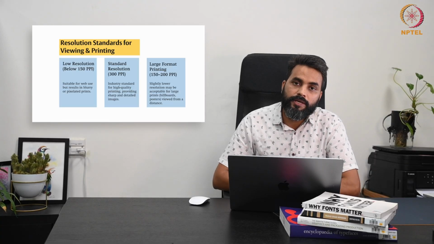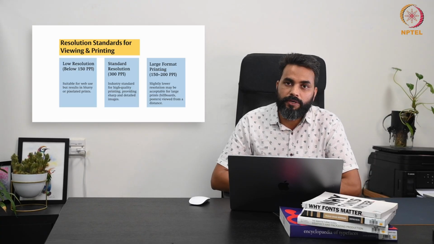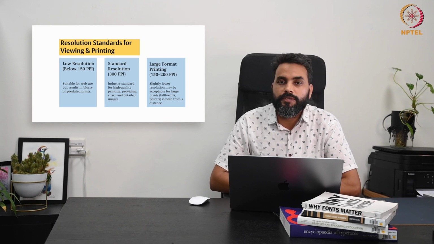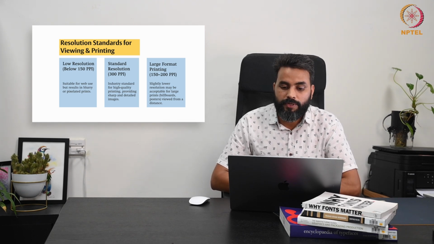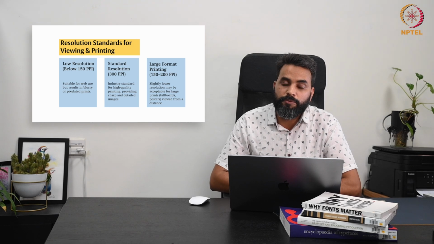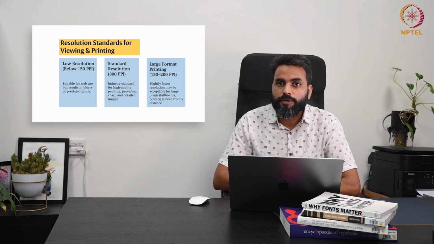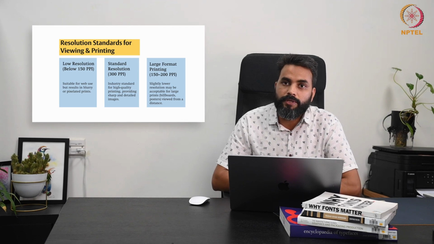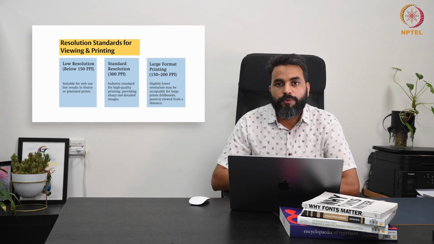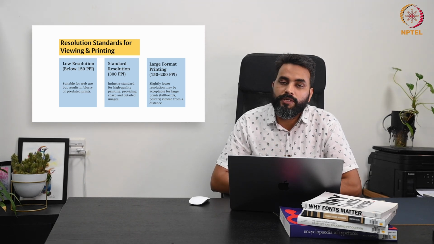Now you will ask why, since this is also a printed format, we are compromising the PPI, when we are saying that 300 PPI or more is better for the printing process. This is acceptable in large scale printouts because for billboards and posters, viewing distance will help to overcome the lower quality images.